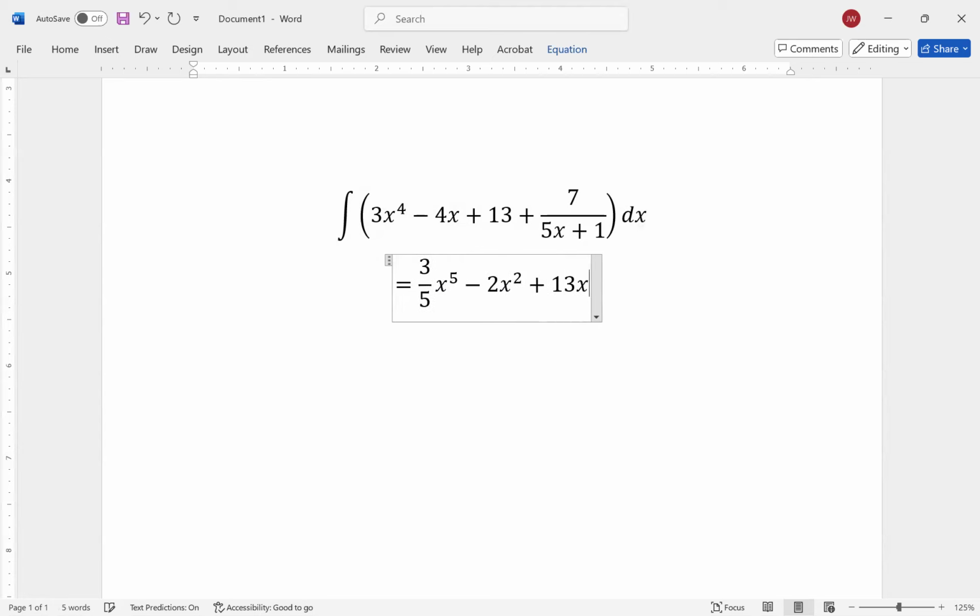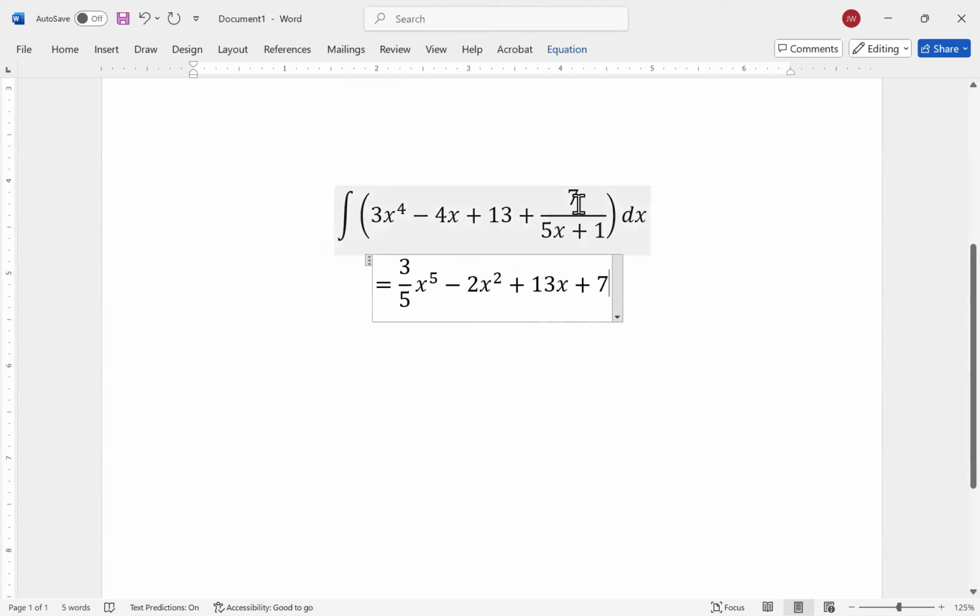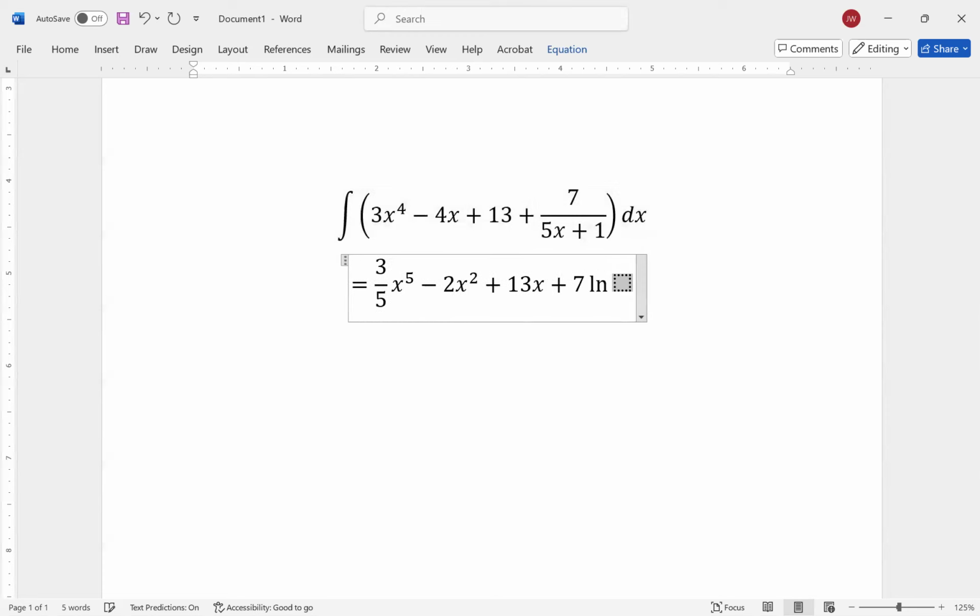Plus 13x plus, well, the 7 can be factored out, and then I'd take natural log of 5x plus 1, and then I'd divide by the coefficient of x, which is a 5, so I'd get 7 over 5 times the natural log of 5x plus 1.